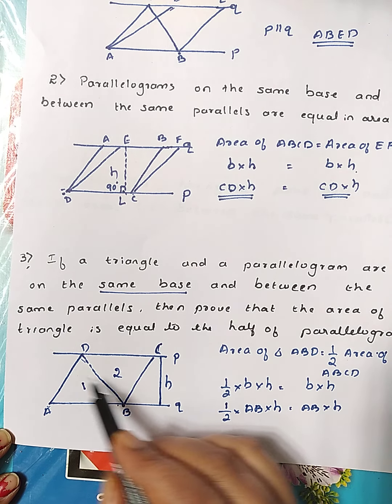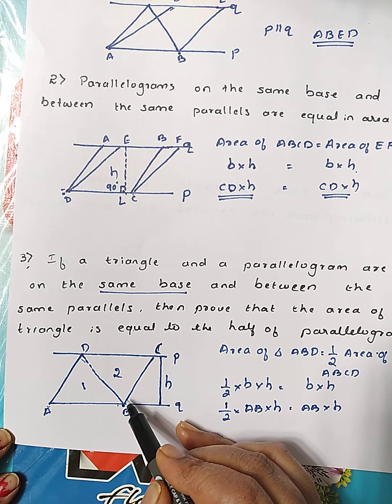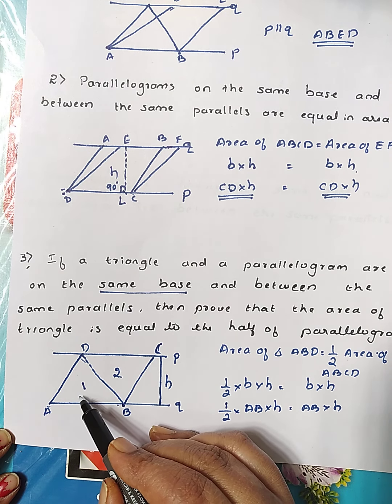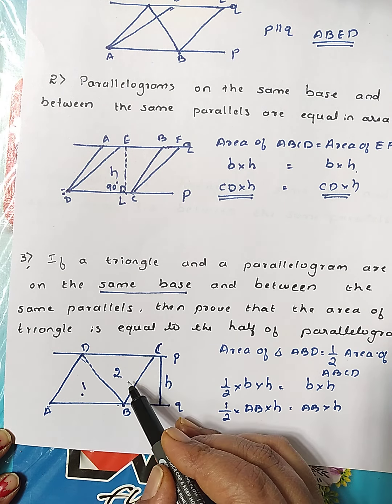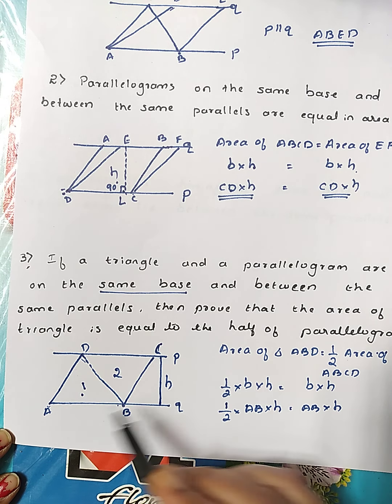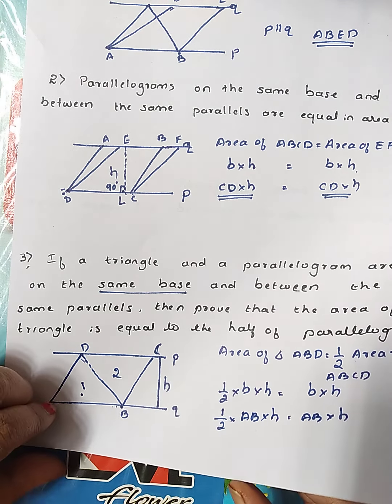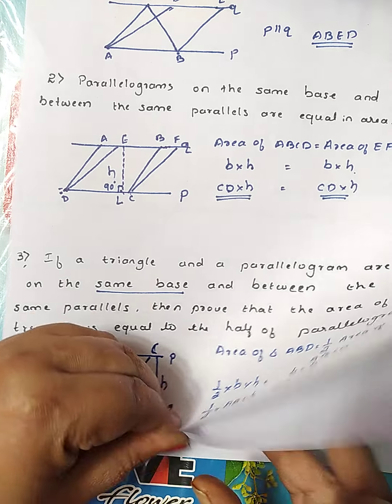This parallelogram is made up of two triangles, so the area of the parallelogram is equal to the area of triangle ABD plus the area of triangle BCD. That means the area of ABD, one triangle, is equal to half of ABCD here. So this is the third theorem.